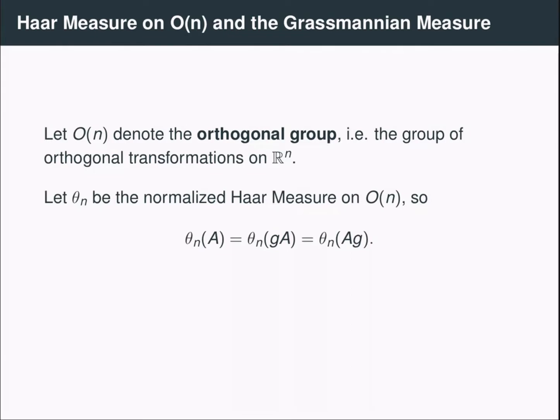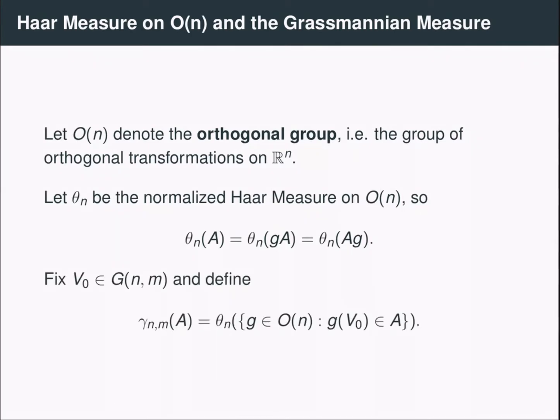This is a measure such that the measure of sets is preserved under the group actions. So if I have a set A, and I take gA for some element g of my group, then the measure is unchanged. The same thing holds if I take Ag from the right.